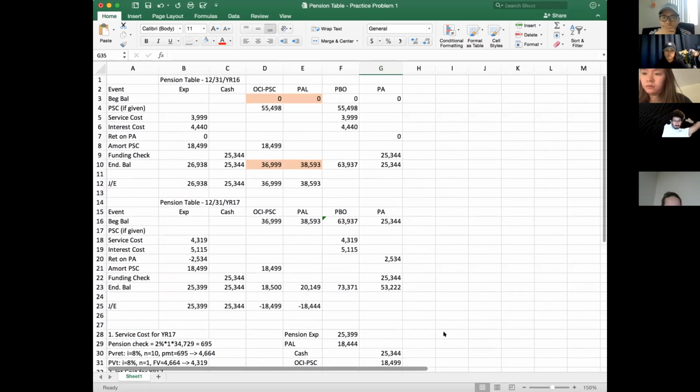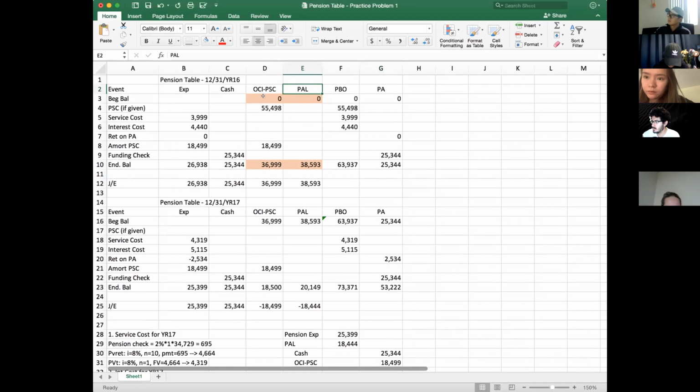Good question. All right, so for OCI prior service cost, as well as plan asset or liability, we always journalize the change like any other balance sheet accounts.